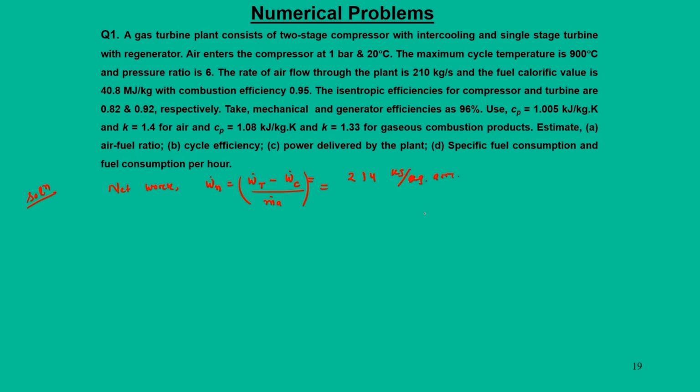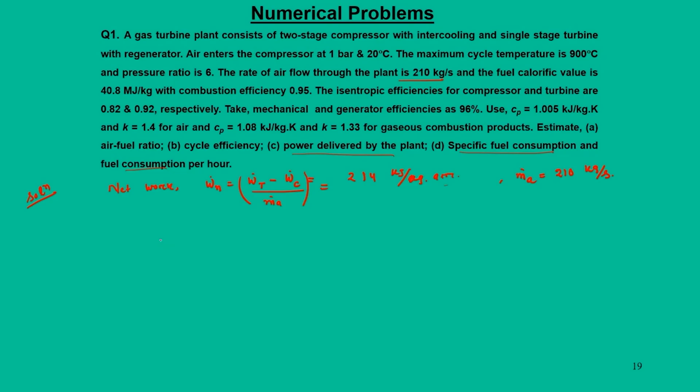But what we have to find is the power delivered by the plant, specific fuel consumption and fuel consumption per hour. For that, the data given is the flow rate of air. This net work we obtained per kg of air. So, what we know is m dot A is equal to 210 kg per second.